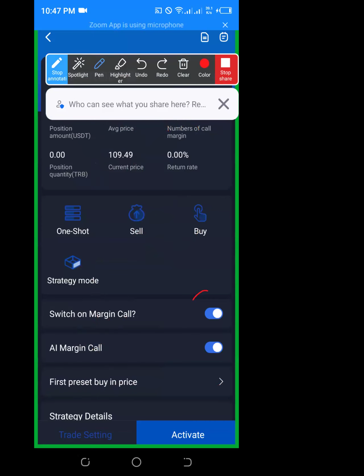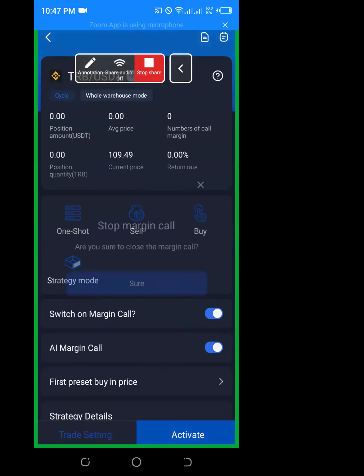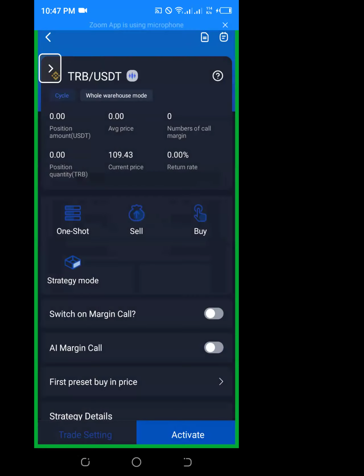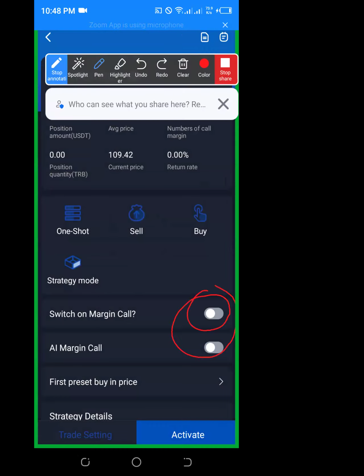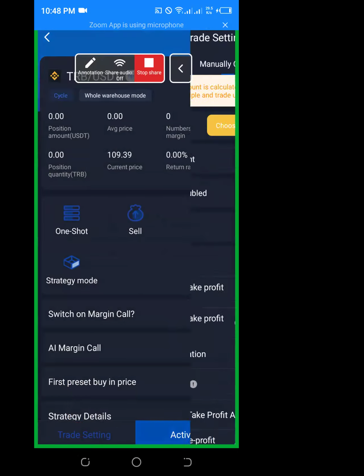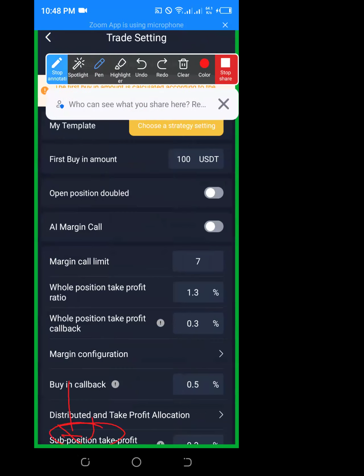Now, you come here and switch off these margin call buttons, the 2 buttons, especially the switch on margin call button. Switch them off so that you get enough time to set margin calls. You come back here to the trade setting.